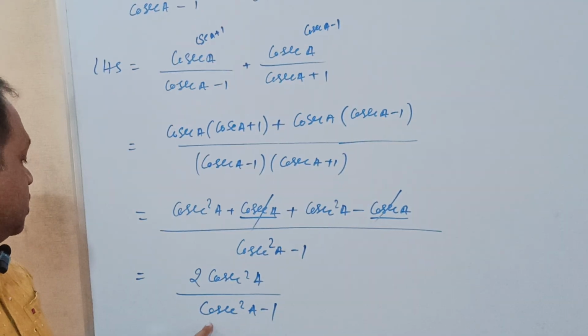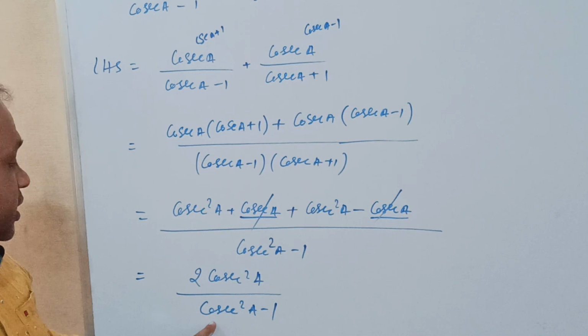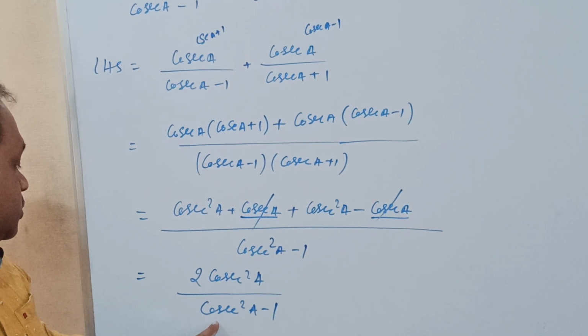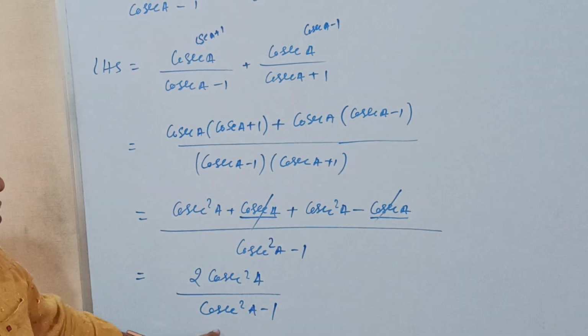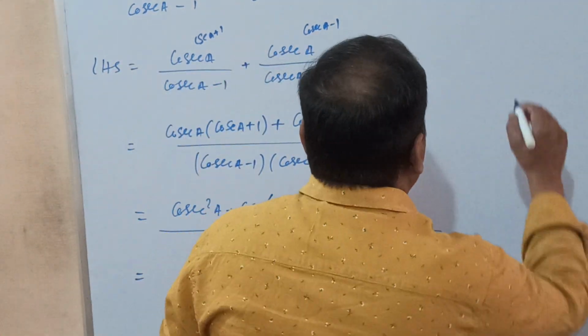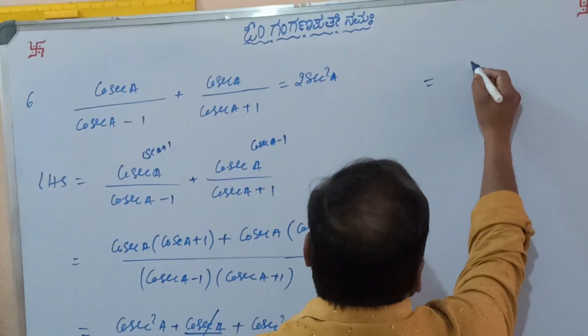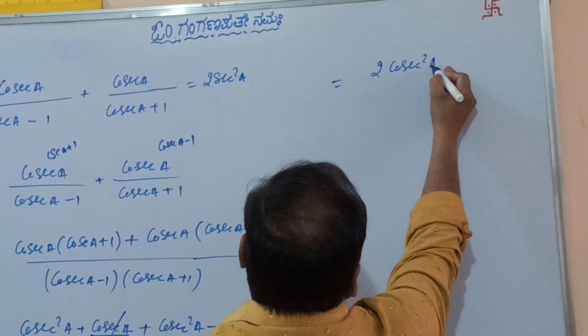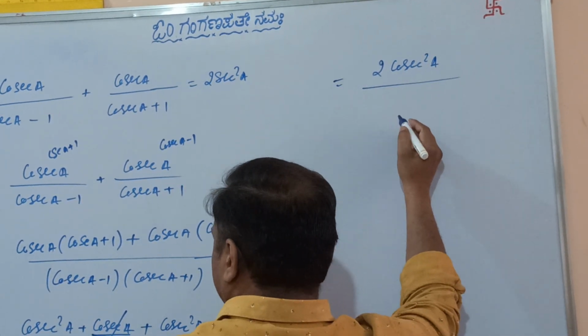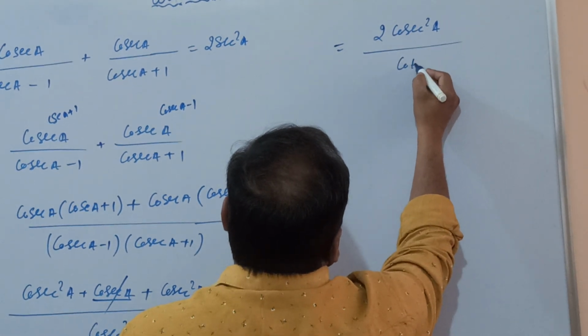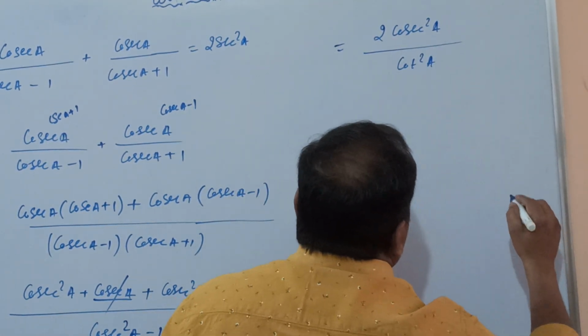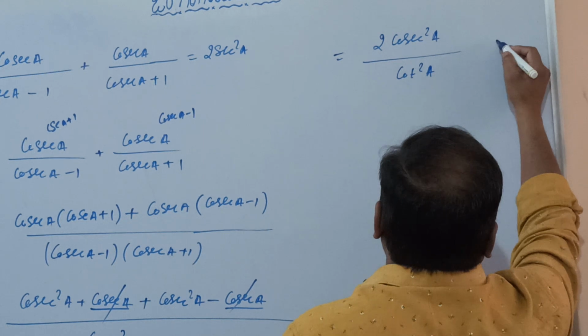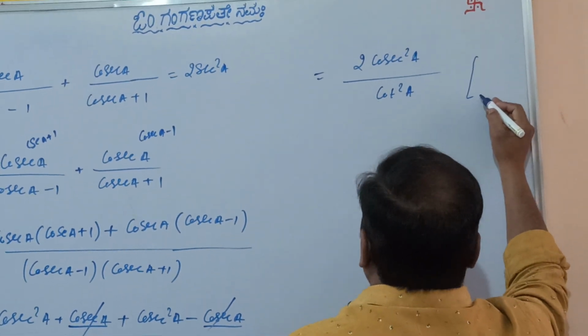This is in the form of 2 cosec square A divided by cosec square A minus 1, in the sense cot square A, because we are going to put an identity over here.